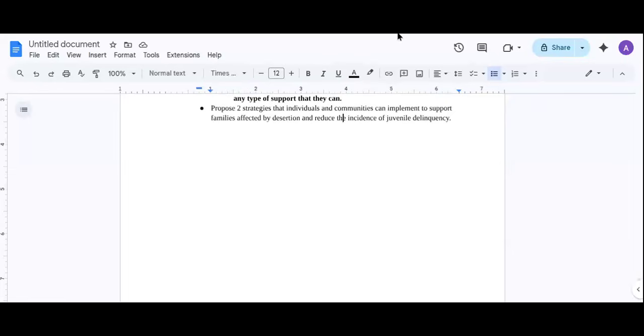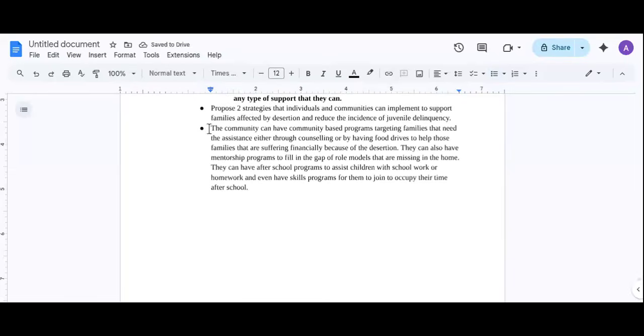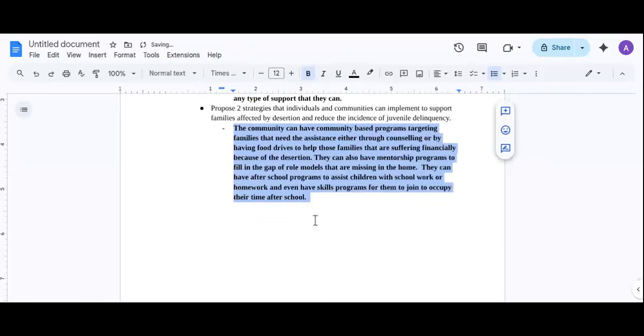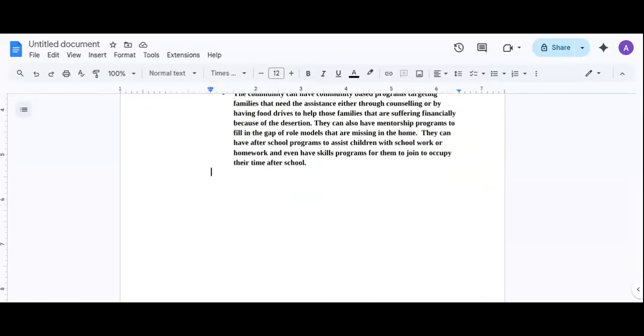Propose two strategies that individuals and communities can implement to support families affected by desertion and reduce the incidence of juvenile delinquency. So the community can have community-based programs targeting families that need assistance, as I was just saying, either through counseling or by having food drives to help those families that are suffering financially because of desertion.